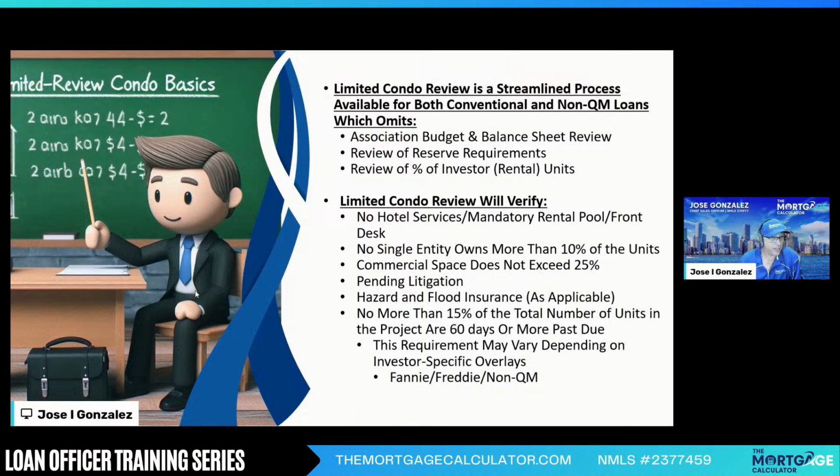If there's any pending litigation, then you would ask for some documentation, and the condo review underwriters can review it and see if there may be reserves to cover the contingent liability should they lose, or insurance to cover it, and money in reserve for the out-of-pocket. Hazard and flood insurance is always going to be reviewed, flood insurance as applicable if it's in a flood zone.